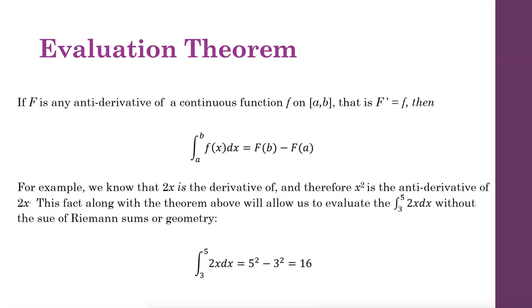So 5 squared minus 3 squared, 25 minus 9 would give me 16, right? So in a way, if I know the antiderivative of the function, then I can simply evaluate the integral by subtracting the antiderivative evaluated at those two points, right?